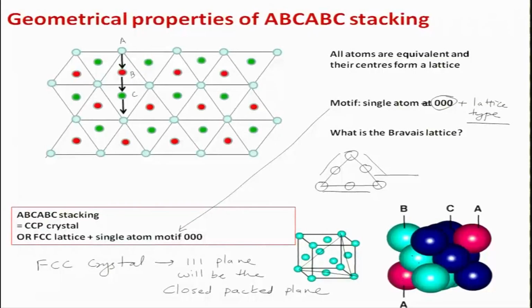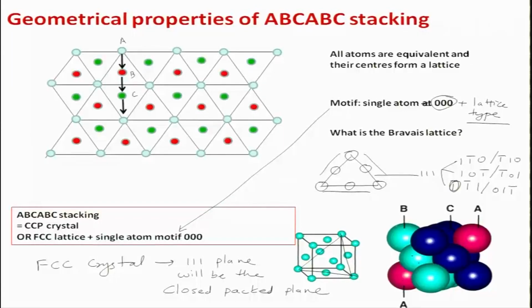So if this plane is 111, then the directions will be 1 bar 1 0, 1 0 bar 1, or 0 bar 1 1. Okay. You can write this as bar 1 1 0, you can write this as bar 1 0 1, and you can write this as 0 1 1 bar.